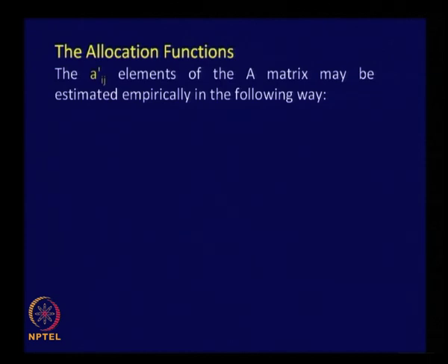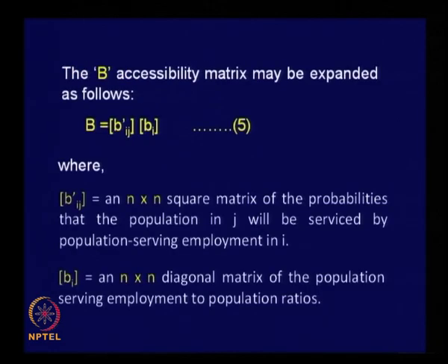Then the allocation functions. We need to further understand how we really get the value of A dash ij as well as B dash ij, because we have simply defined A dash ij as something related to accessibility. Should I go back and show you what we have done?